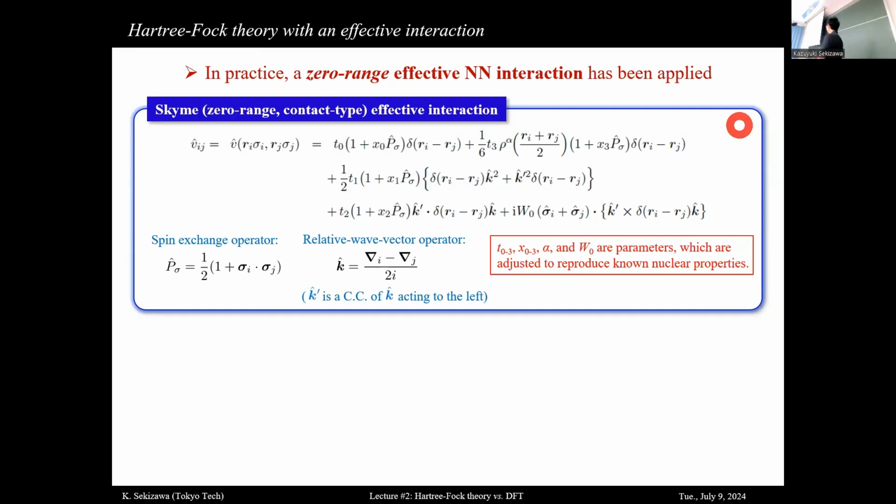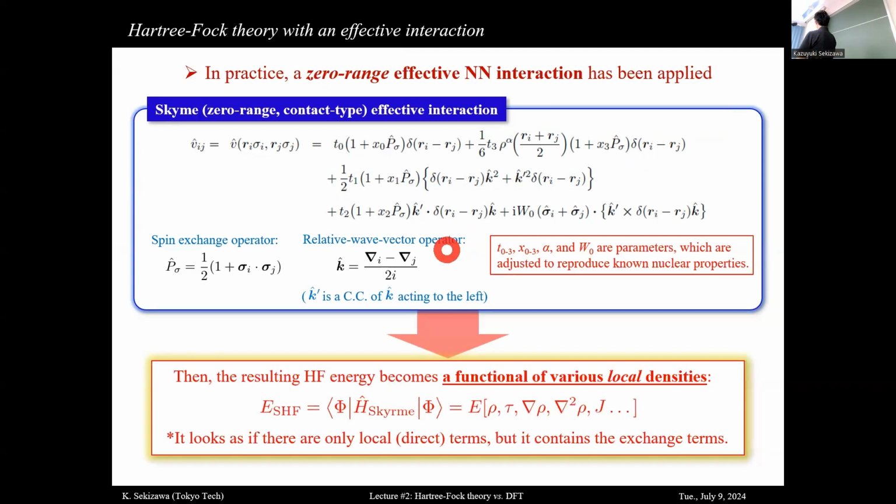So anyway, using this, the so-called Skyrme interaction. This is the name of the person that proposed this interaction. We can derive, actually, you already know how to derive the equation.